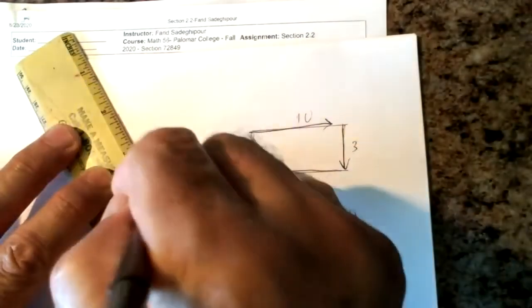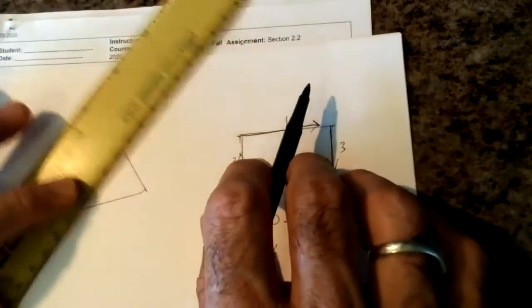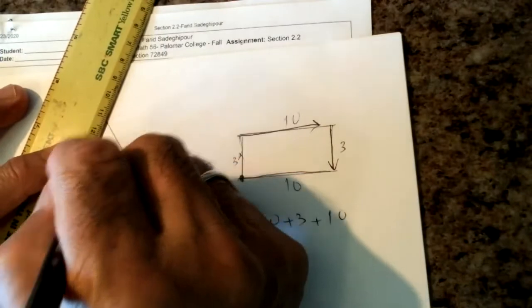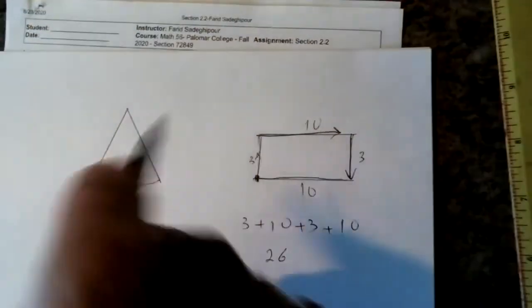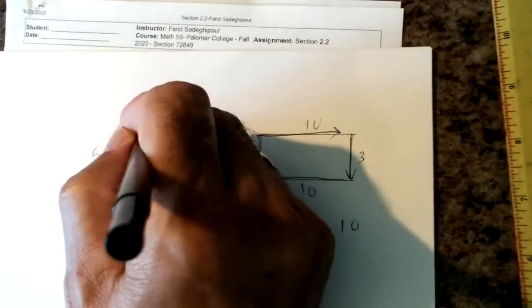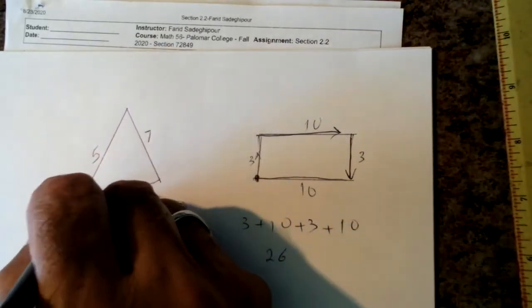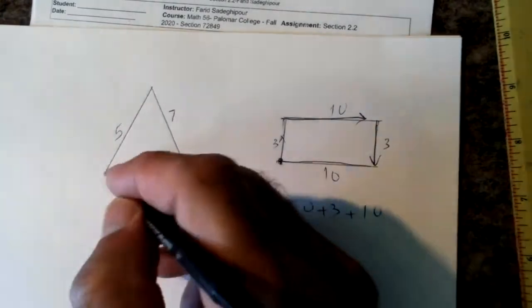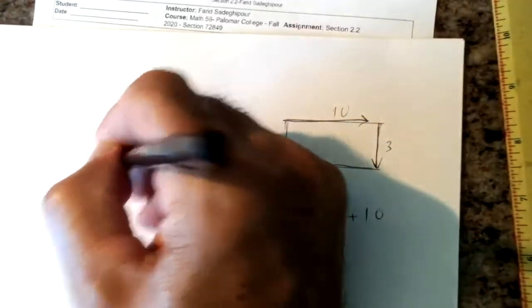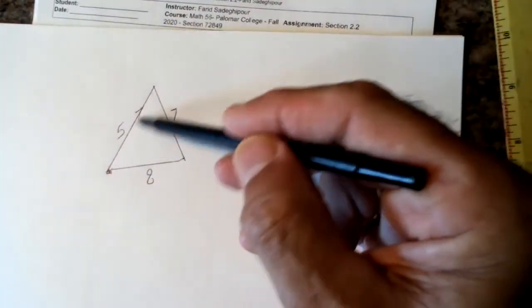If you have a triangle, and we give you the measurements, like 5 feet, 7 feet, or I don't know, 8 feet. You want to find the perimeter, right? You start from here, and from here to here the measurement is 5.